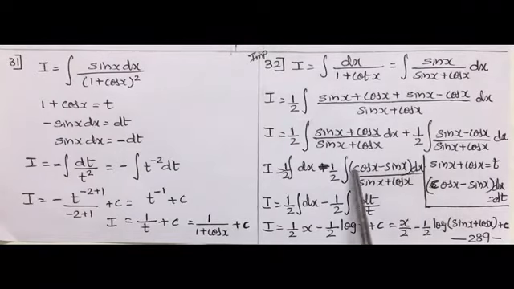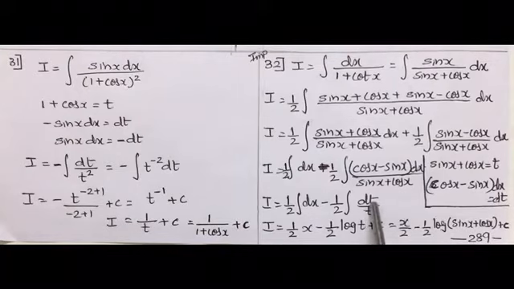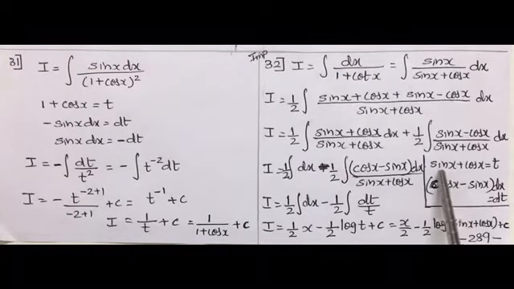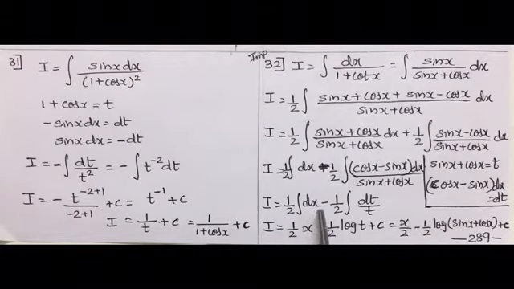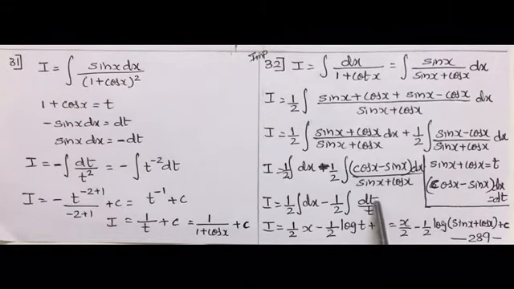Now if we see the upside, whatever is written, it is equal to dt. So dt is being kept and sin x plus cos x is replaced by t. So after the complete conversion, we get I is equal to half integration of dx minus half integration of dt upon t.